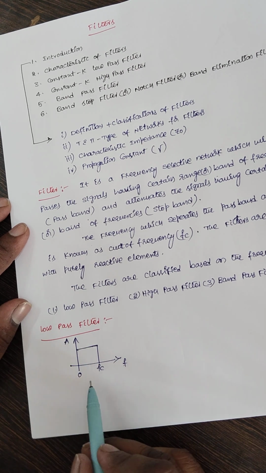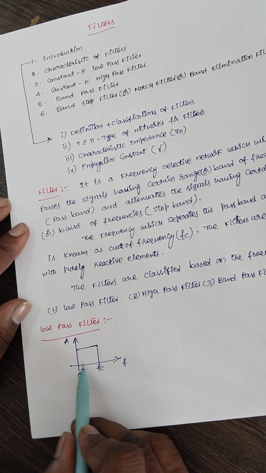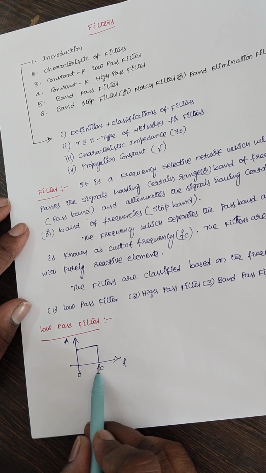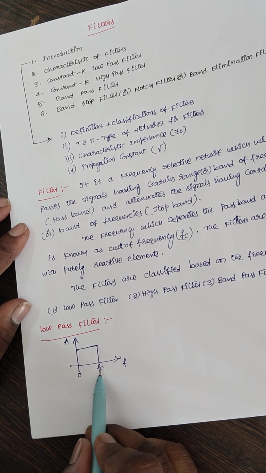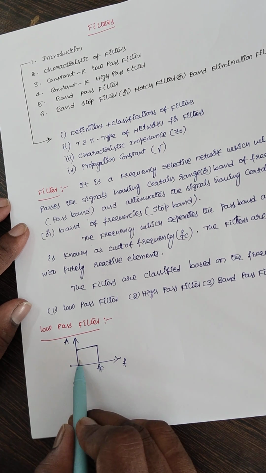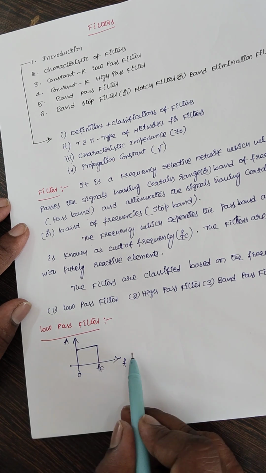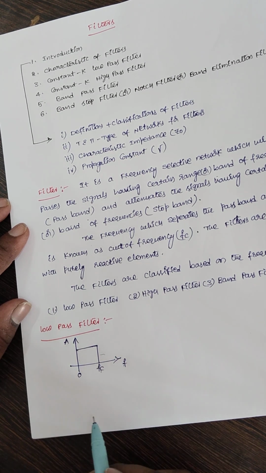This low pass filter allows the signals having frequency from 0 to the cutoff frequency, that means it is the pass band, and attenuates the signals having frequency above this cutoff frequency. So this is nothing but the stop band.